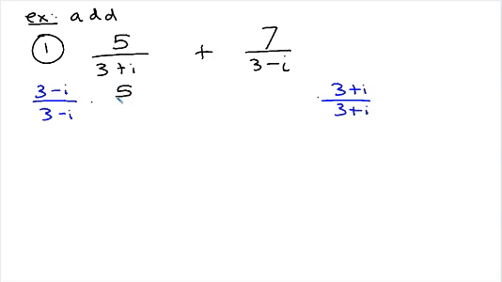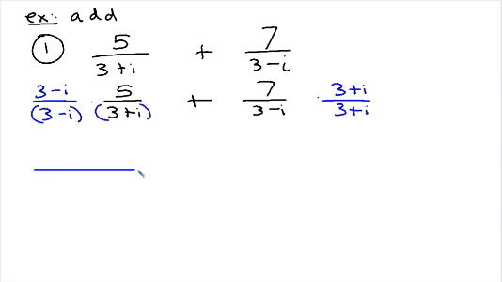All right, so it's really the same thing we've been doing, it's just kind of a different package. And so the bottom, our denominator here, is a difference of two squares. That's going to be 9 minus i squared, which is 10.